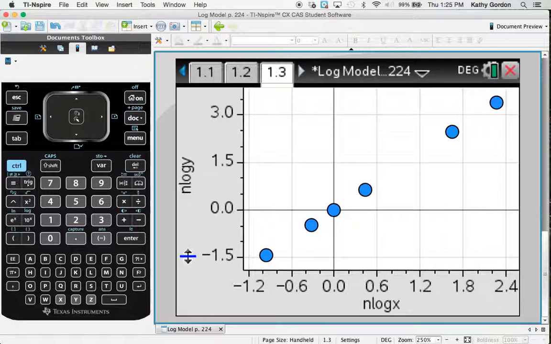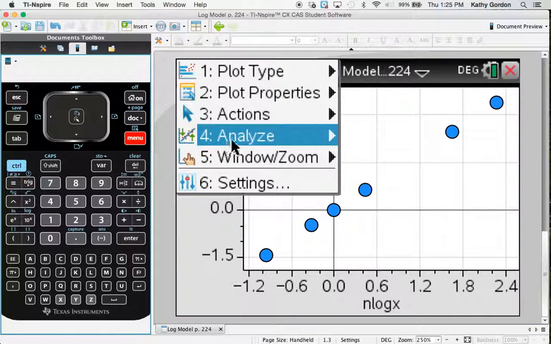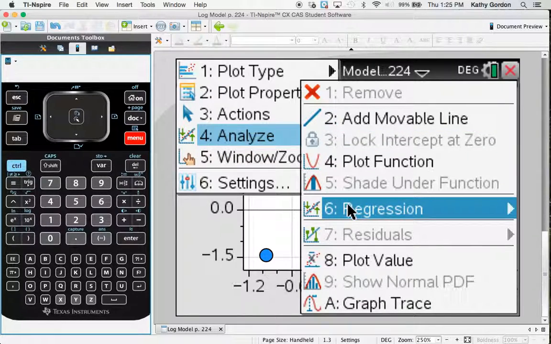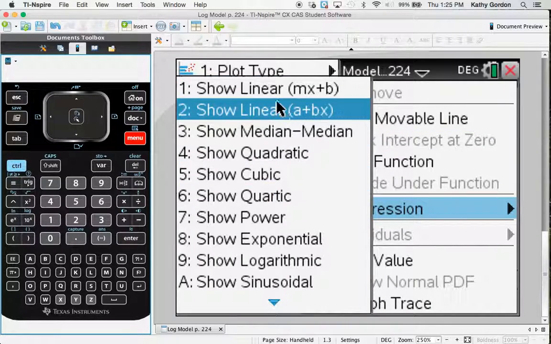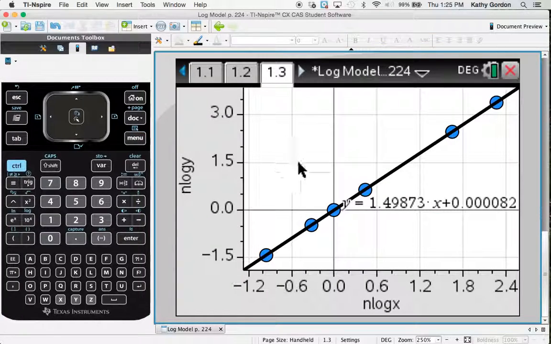So, if they end up on a straight line, then what is it that I need from this line in order to write my model? The slope, right? So I need to know what this line is to get the slope from it. So now I'm going to do my menu, analyze, regression, and I'm just going to choose the linear regression for those points so that I get my equation.